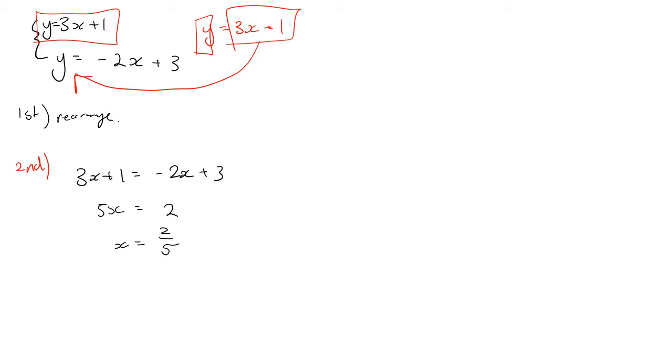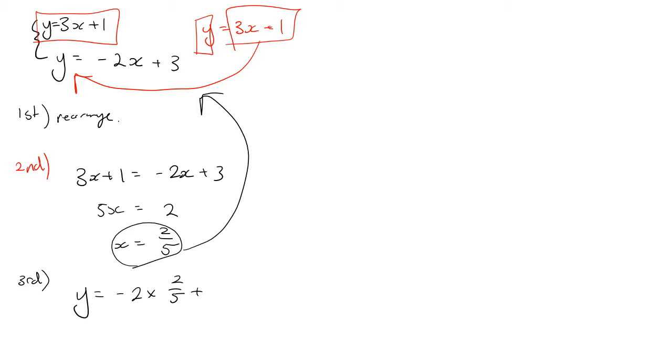Now our third step is to re-substitute x equals 2 on 5 into any of these equations. So let's substitute it into the second equation. So y equals negative 2 times 2 on 5 plus 3. That's negative 4 on 5 plus 3. So plus 3 is equal to 15 on 5.